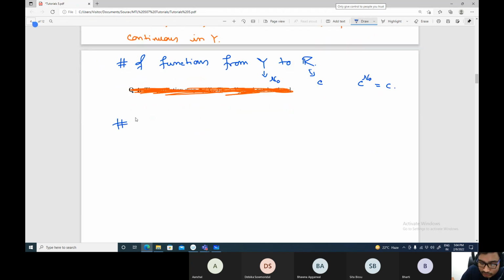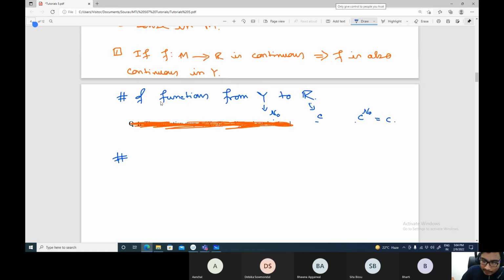If you ask me to prove those, I forgot the proof, but just remember that this is the countable cardinality, this is the uncountable, and C to the power aleph naught is again C. Fine. So therefore, the number of functions from Y to R is this one.